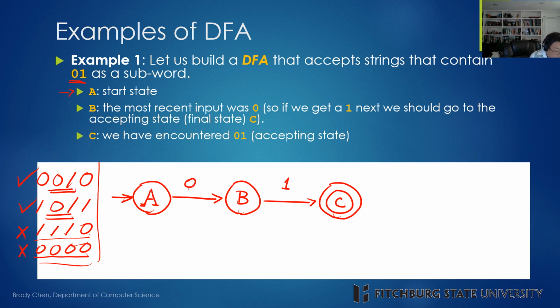Because 0, 1 contains the subword 0, 1. Now that's the best scenario. So we have 0 and 1, which reaches the accepting state. Once we got 0, 1 and reached the accepting state, if we have any characters after 0, 1, it doesn't matter. It's still an accepting state, right?